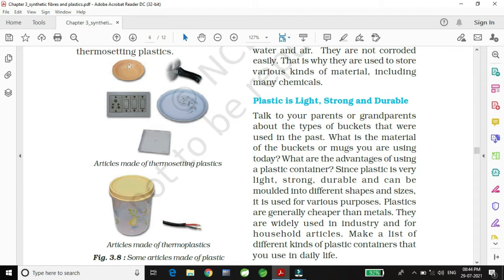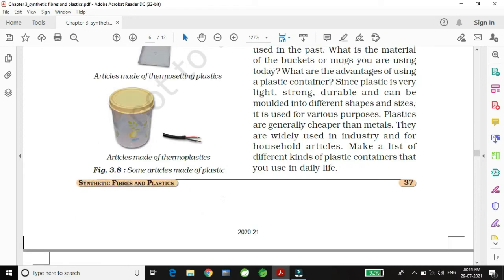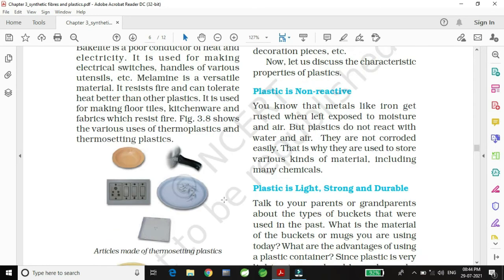The articles which are thermoplastics, which can be molded easily, include this bucket and this wire. So these are some examples of thermosetting plastics and thermoplastics.